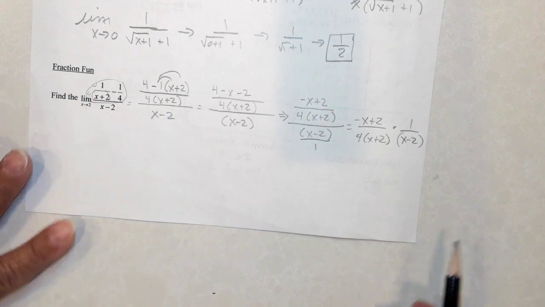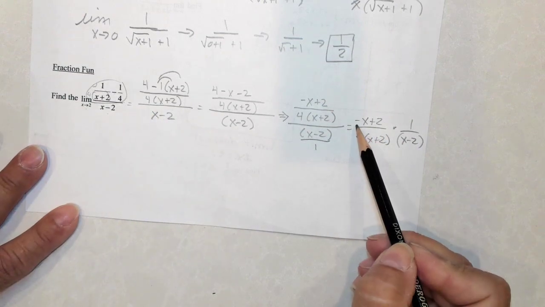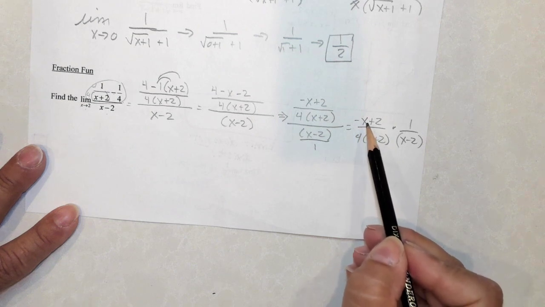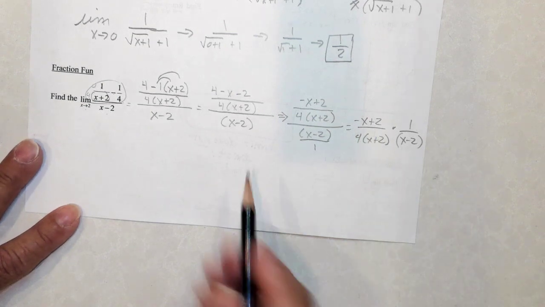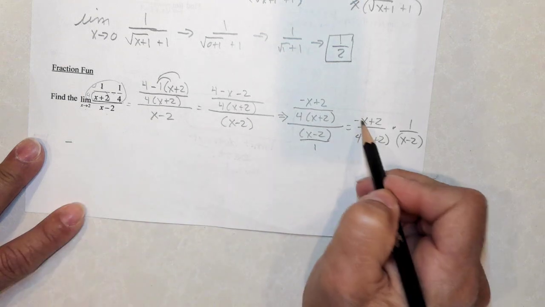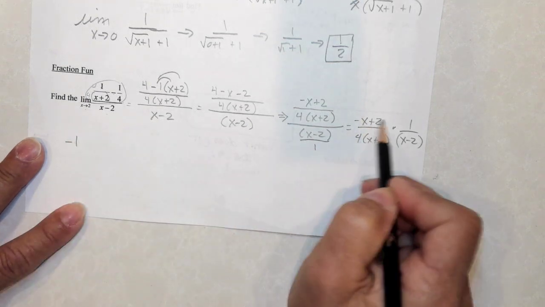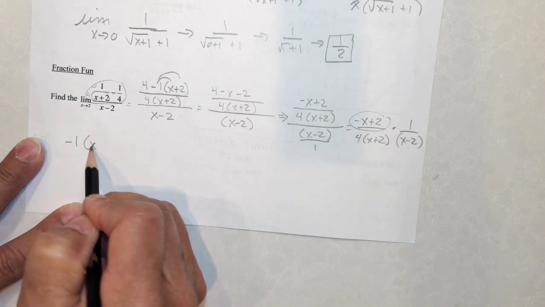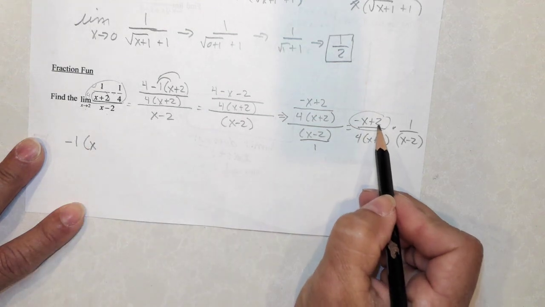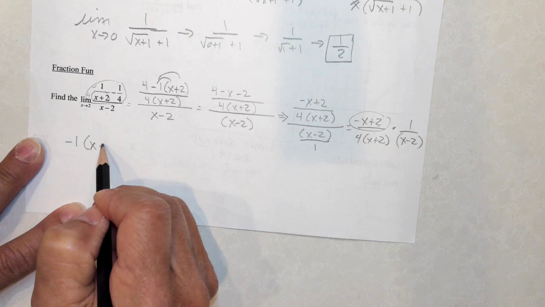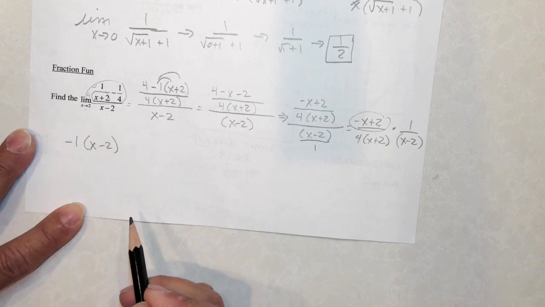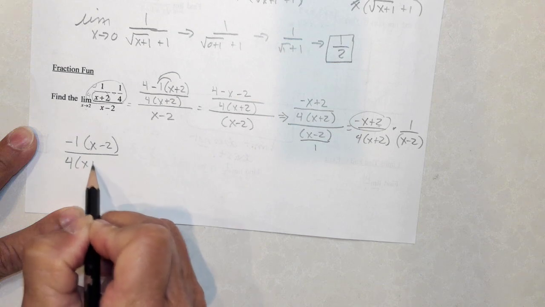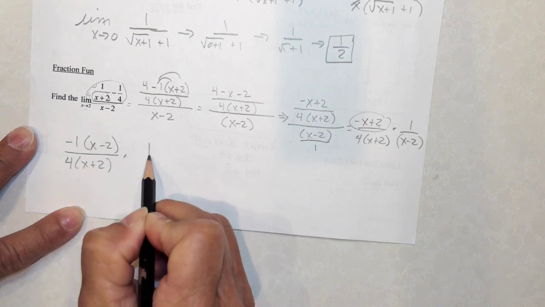Now I need something to cancel. This doesn't really cancel because of the negative. That doesn't cancel either. That negative x is what's messing everything up. So I'm going to go ahead and take a negative 1 out of this top part. If you divided a negative 1 out of here, the x would become positive. And then if you divided a negative 1 out of here, that would turn into a negative. And we've learned that trick before, but again, it's tricky to remember everything when you're working on these bigger problems.